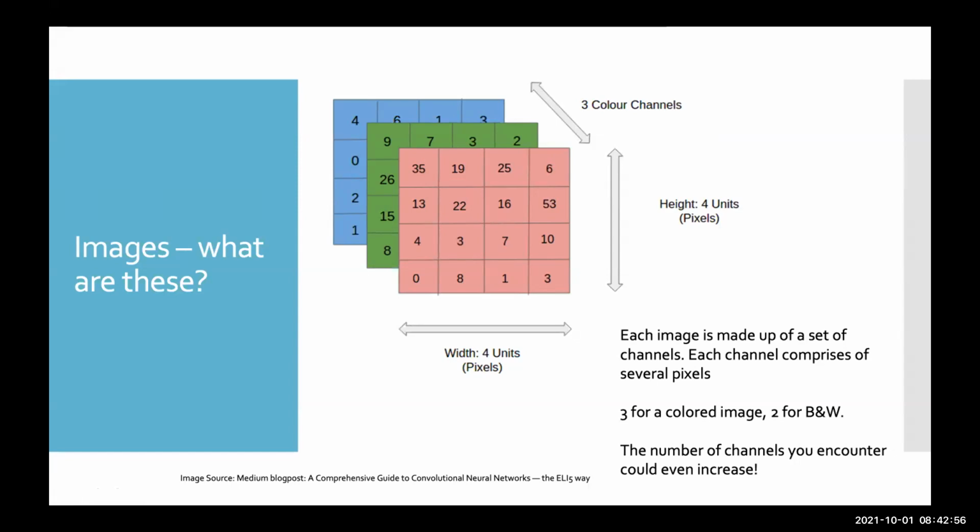And for each channel, each pixel has a different value. For example, for this pixel, 35 is relatively high compared to the other values, so the redness at this pixel is going to be a little higher than at the other pixels, and even higher at this 53. I hope that makes sense.